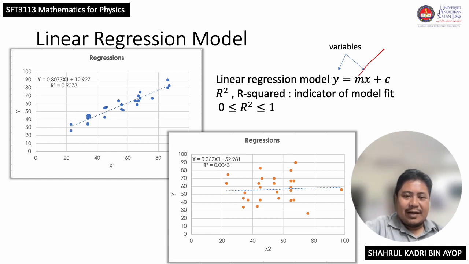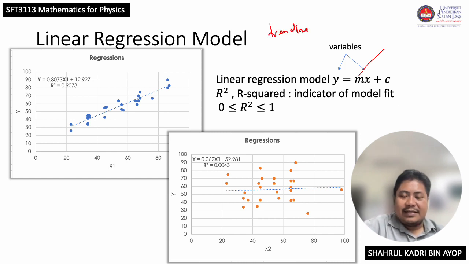It can be calculated manually, but recently we just use Excel or any spreadsheet to calculate the linear equation for this graph. For example, I use Microsoft Excel. We can use the trend line function.